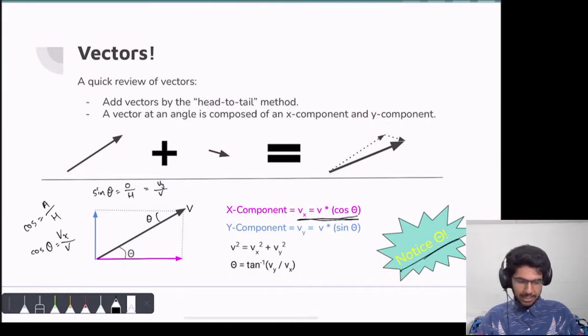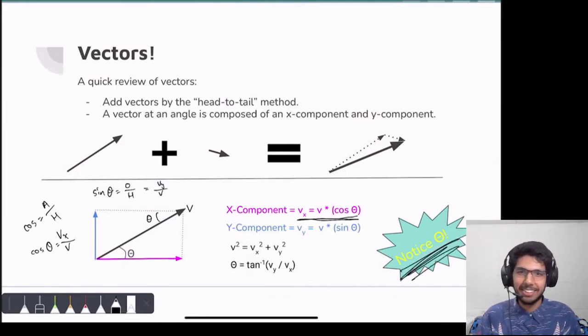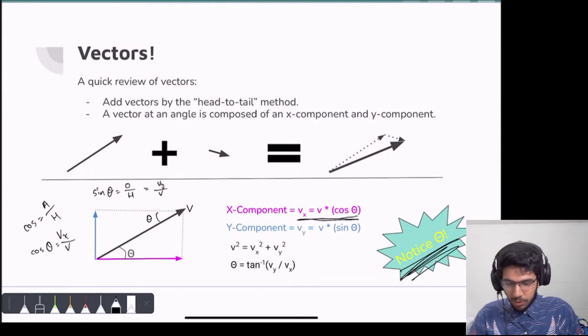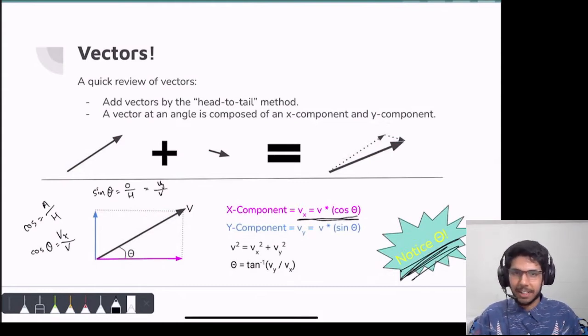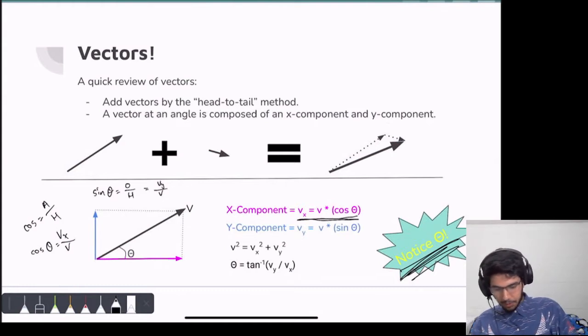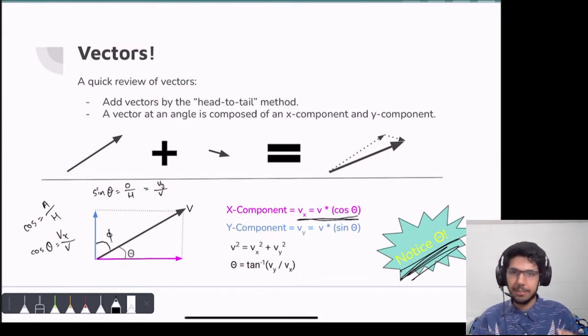Now, important here, I said notice theta. What I mean by that is just notice where theta is defined. If, for example, we defined this angle instead, and I'll use the Greek letter phi for that, then these equations over here would not hold, and you can test them out.